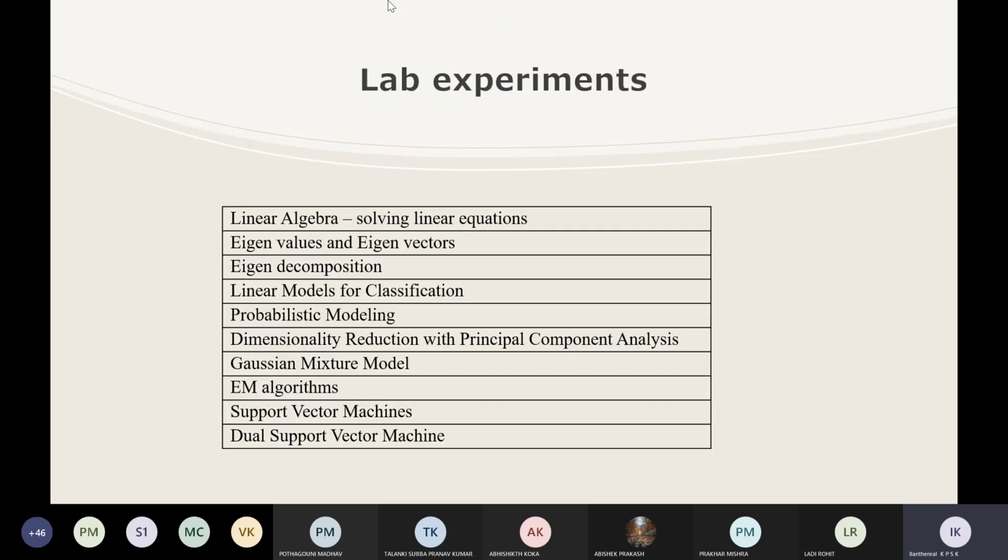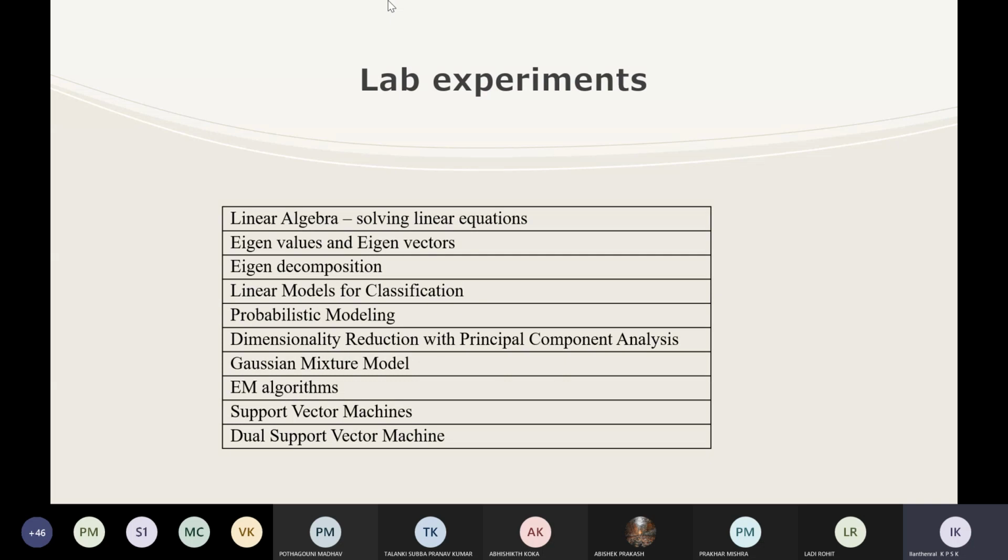Then, because I've not covered lab for you, I'll be covering it anyway on Friday. But I just wanted to give you a rough idea of the experiments that you will be doing in your lab. The first thing is going to be linear algebra, solving linear equations. I think all of you will know the substitution method, cross multiplication method.